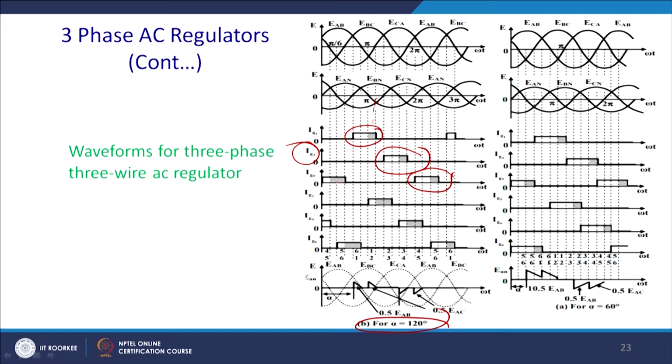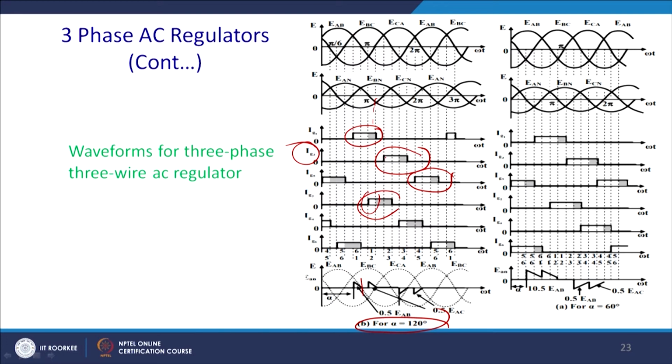Similarly, this is for the G5 and this is for the G2 and G6, and essentially what voltage you get is basically this voltage. Since from the upper end only T1 is conducting and from the lower end this thyristor is conducting, you will get this voltage.